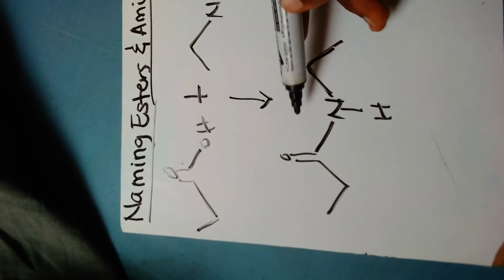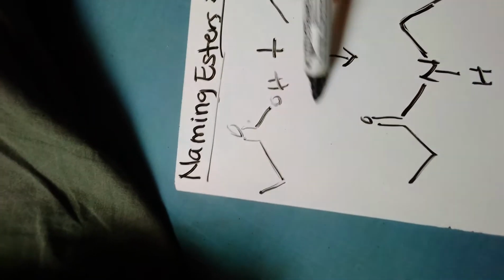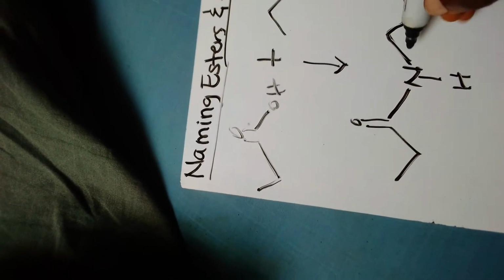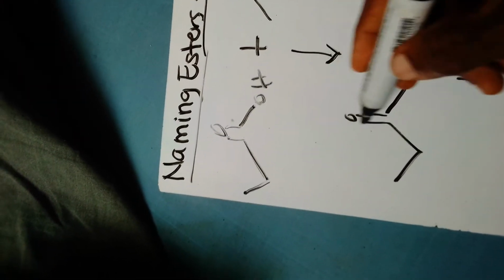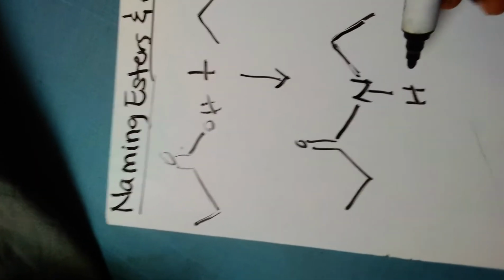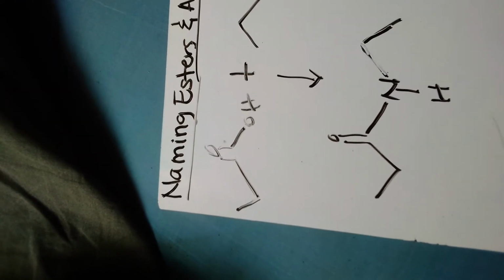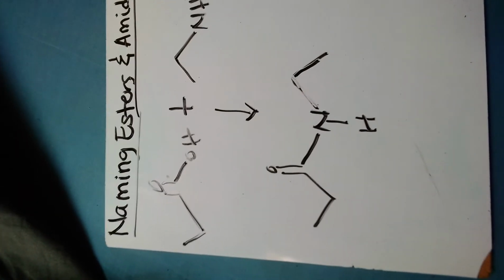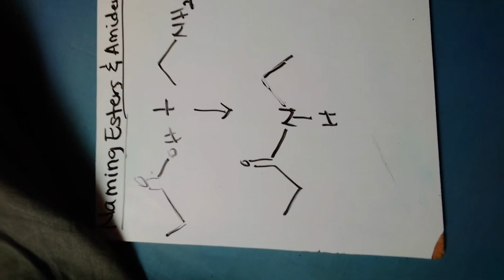So this is an amide produced when we react this amine with this carboxylic acid. The parent name of this compound is propanamide, but because this ethyl group is a substituent on the N, an N in this compound indicates a position.